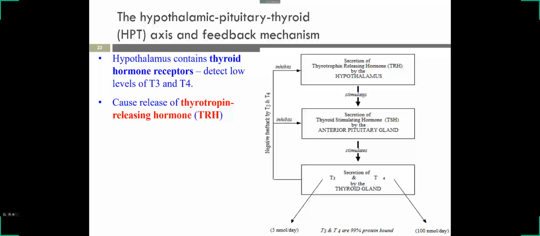Now, assuming that there is no binding, right? If the T3 and T4 levels are very low, then you will see stimulation of the hypothalamus. Okay, so these receptors respond to whether or not there's high or low levels of T3 or T4 in the circulation. Low levels of T3 or T4 will drive TRH release.